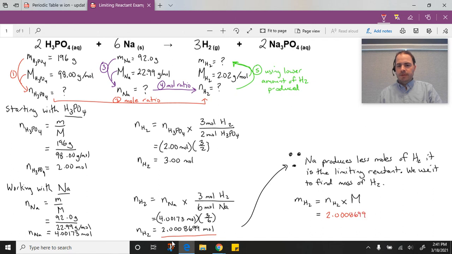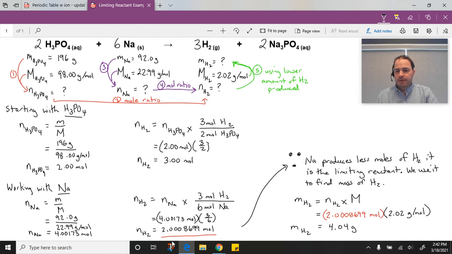The sodium's limiting, so that's how many moles of hydrogen we can make using all the sodium. And then we're going to multiply by the molar mass, which is 2.02 grams per mole. So our mass of hydrogen that we can actually produce would be 4.04 grams, rounded to 3 significant digits based on the initial mass that we had.